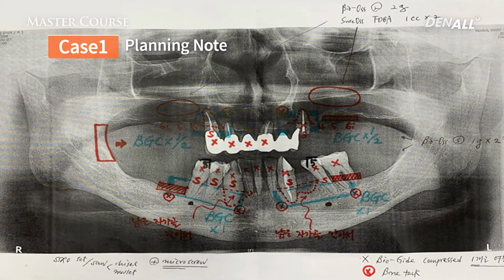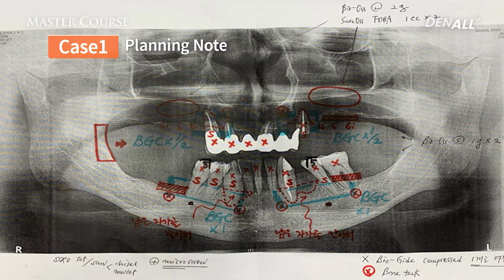Cone beam CT is the basis, and on the panorama, surgical plan is established. From the right lower jaw, a block bone will be taken and grafted in various places. Guided bone regeneration procedure will be done at the extracted sites.